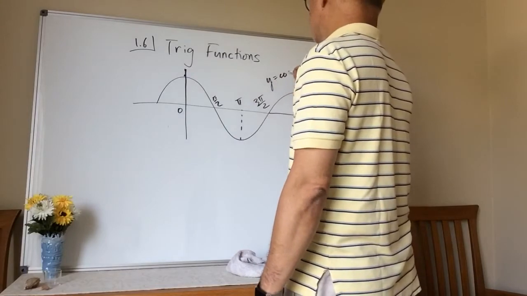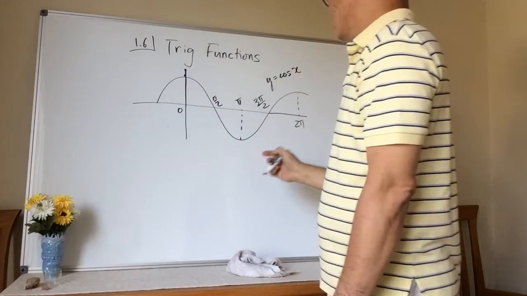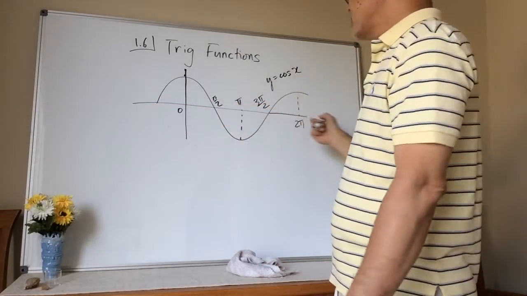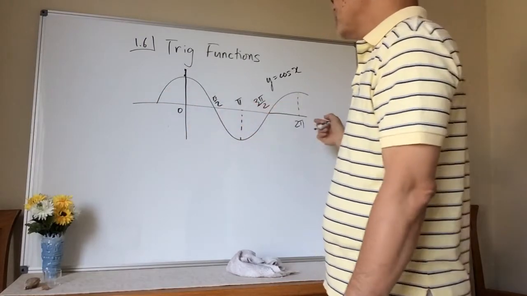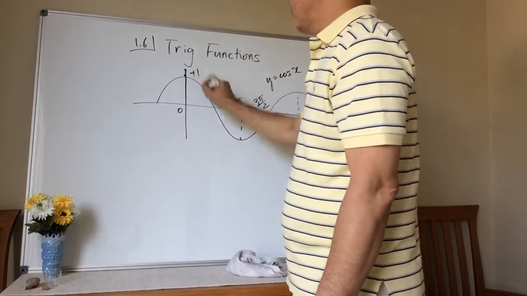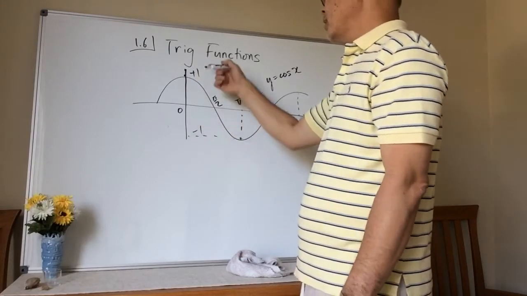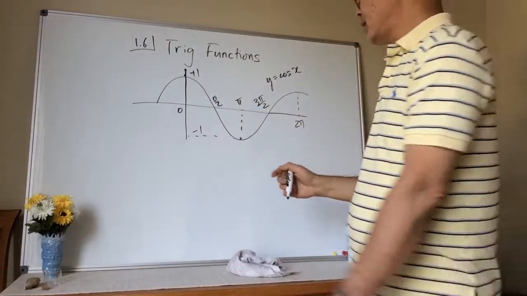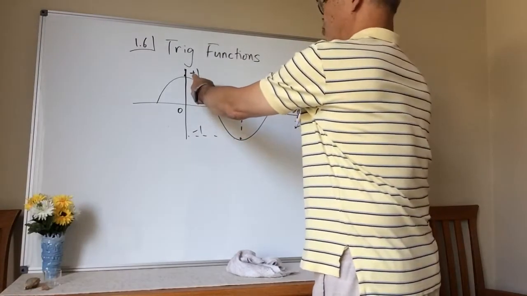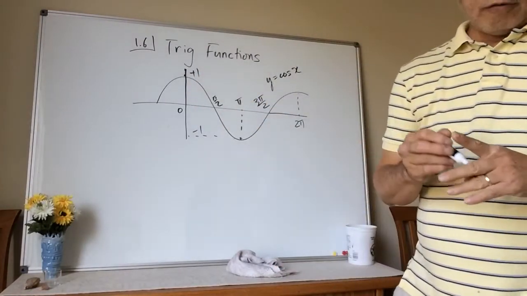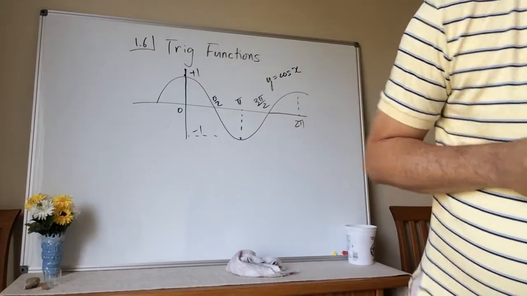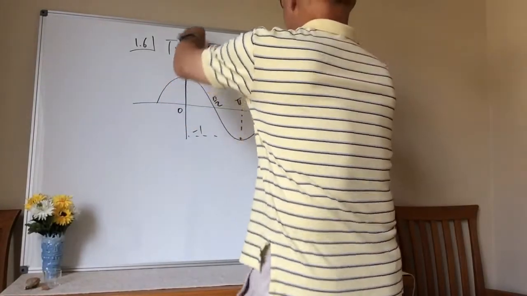This is y is equal to cosine x. Again, the domain is all reals, where the range is going to be between negative 1 and positive 1. And the same period, 2 pi, takes 2 pi for it to repeat itself. Okay, so that's cosine.